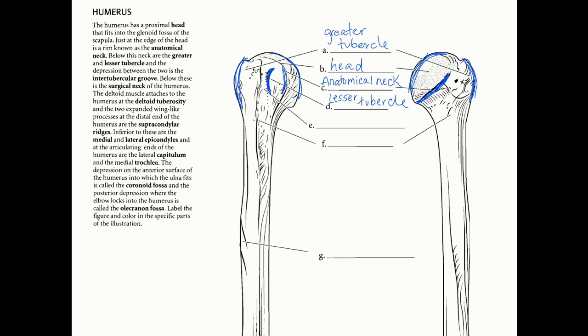Then we've got this space in between these tubercles here. That is going to be our intertubercular groove. Sorry, I know that's kind of a tricky word to say. Intertubercular groove.